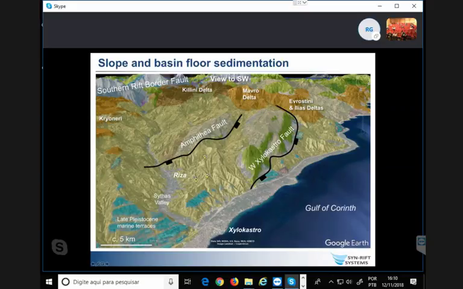And the brown units here are a series of deltas, which mark quite a long-lived sediment entry point. We'll be focusing in on sediments which at the shoreline created the Mavro Delta and then bypassed and were funneled along the hanging wall of this amphitheatre fault to the east over 20 kilometres to where we'll be looking at them in the hanging wall of the amphitheatre fault near this village of Risa.